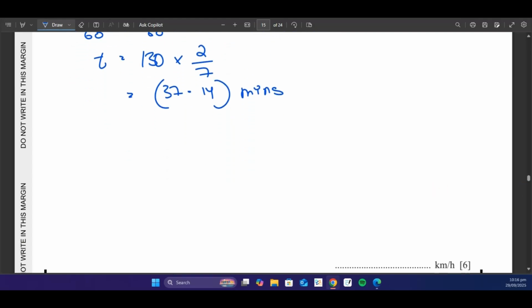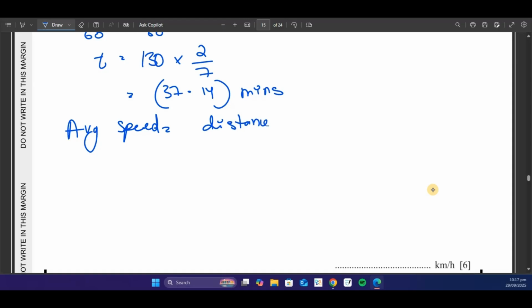And then I suppose the average speed would be distance over time, same as speed, distance over time. Now we know our distance and we know our time. The distance that it took was 240, as we know, and the time that it took was t1 plus t2. So that would mean it took 37.14.